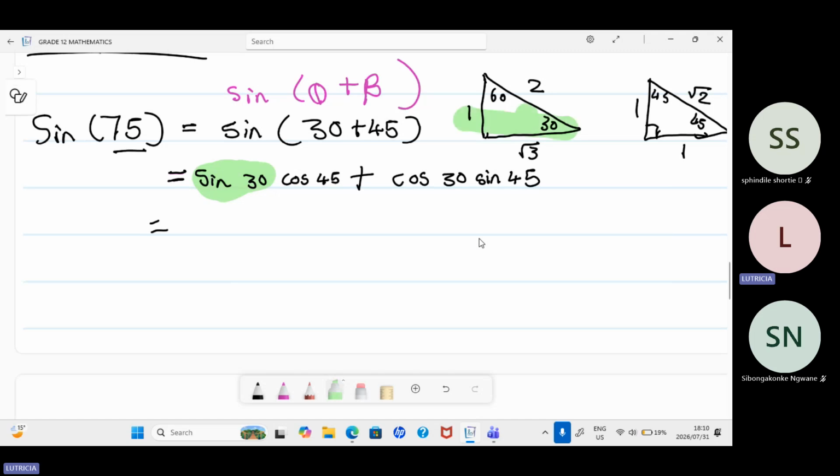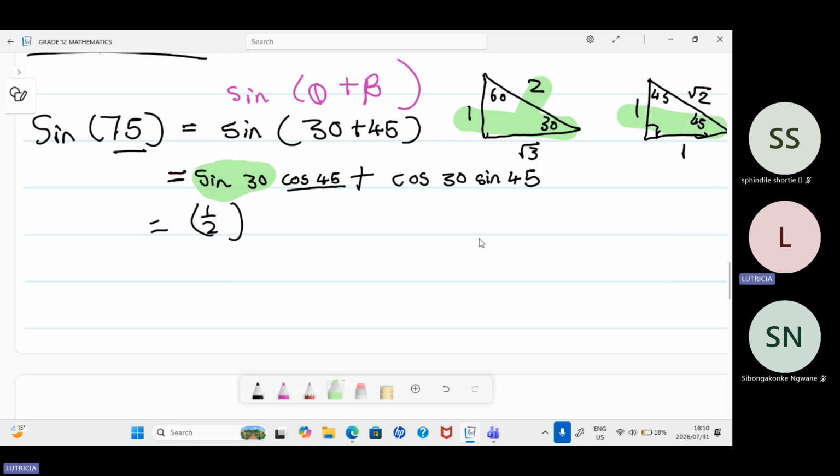Sine 30 is 1 over 2, and that's what we're gonna write. And then we look for cos 45. With the 45 degrees, you can use any angle because they're both 45 and they're still gonna give you the same answer.